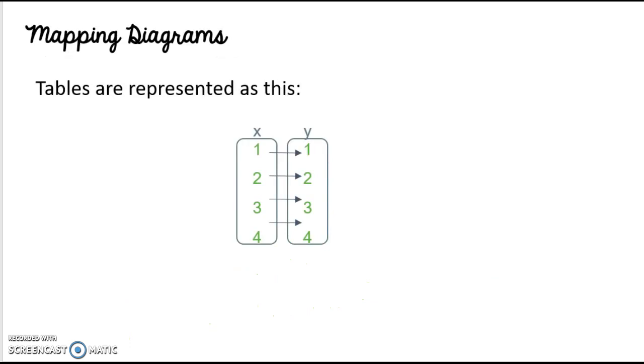Another way to represent these functions is a mapping diagram, or sometimes they're called arrow diagrams. So these tables are represented like this, where they have this arrow that maps a number to another number. And the ordered pairs you get from wherever the arrows are pointing. So the 1 in this column here is pointing to the 1 here, so that's my first ordered pair.